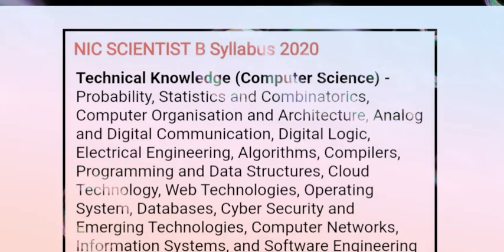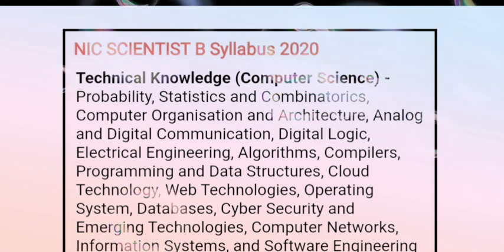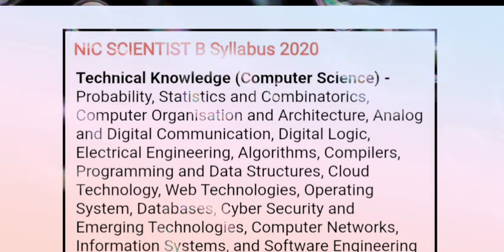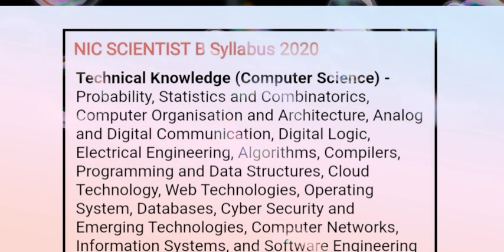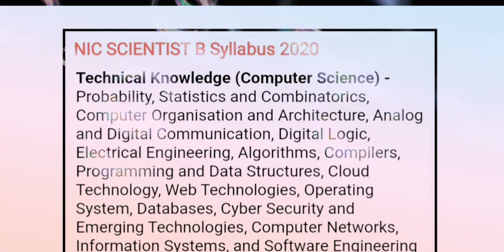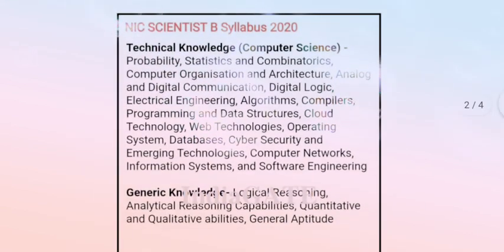So come to the first most important point, that is your NIC Scientist B syllabus 2020. The syllabus is divided into two parts. First is technical knowledge and second is generic knowledge.